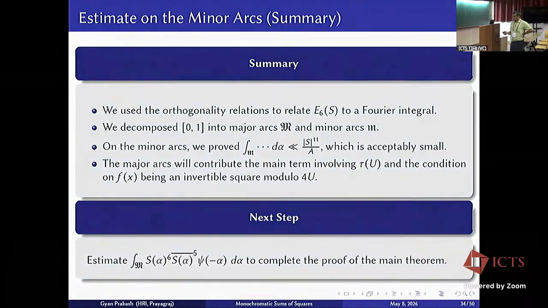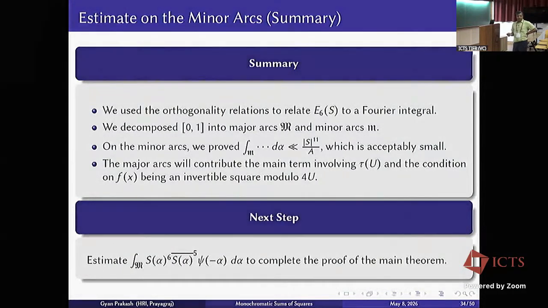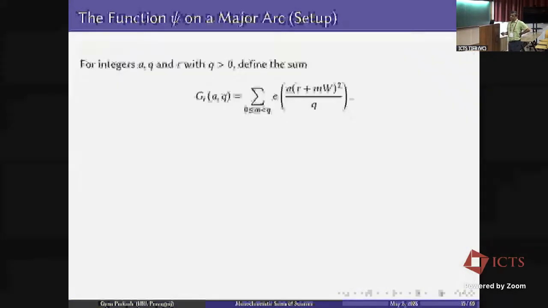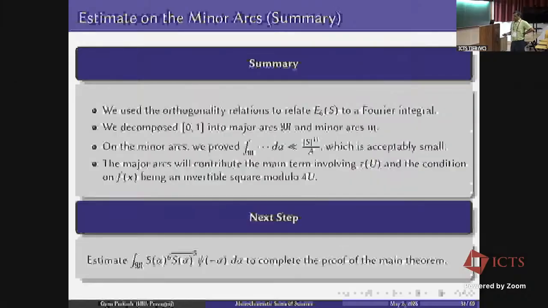So now we need to understand the contributions coming from the major arc. Again, as I mentioned, one positive thing about us is that we don't know how to understand this S(alpha).